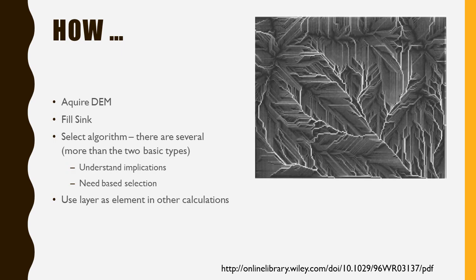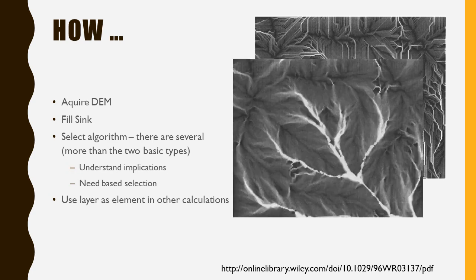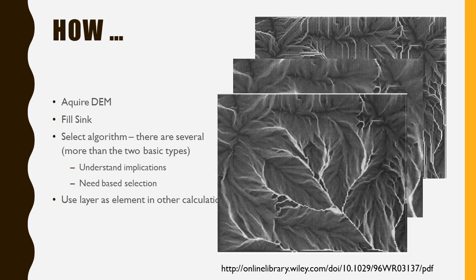So here we got an example. This is a D8 model, and it gives you very much a linear sort of feel to the hydrology. When we go to a multiple flow direction, we get a much smoother version. Ultimately, there's something in between called deterministic infinity, where we don't force our flow to divide amongst all of our lower sloped neighbors, but it does proportionally assign it to one or two.